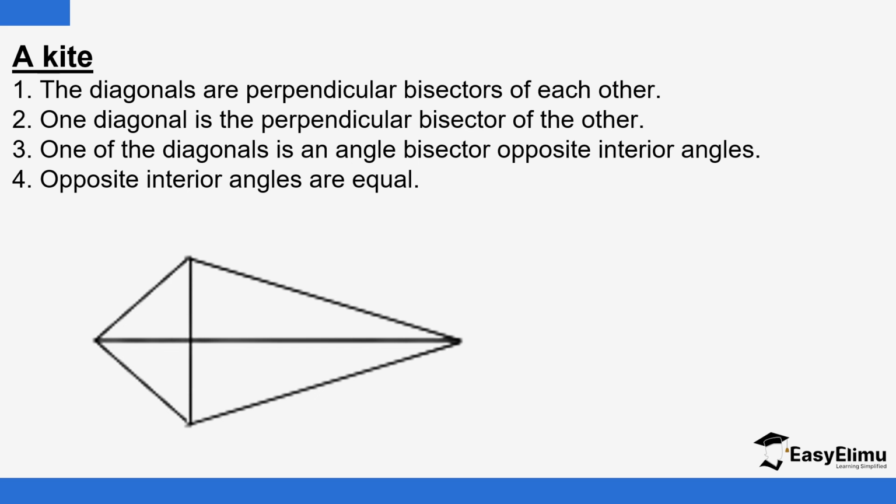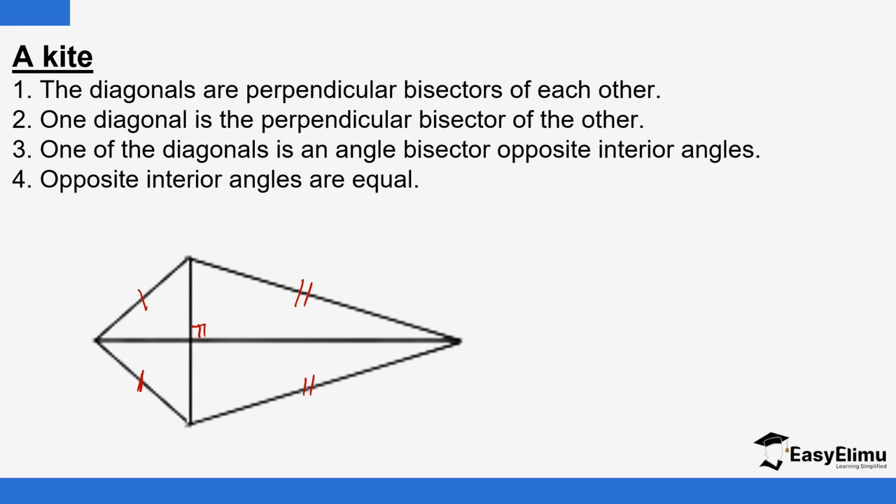So we have again something called a kite. So a kite has this length equal to this other length here, and this one here also equal to that. So every time you see that, then you know. And then the diagonals are not bisectors, but they are perpendicular to each other.